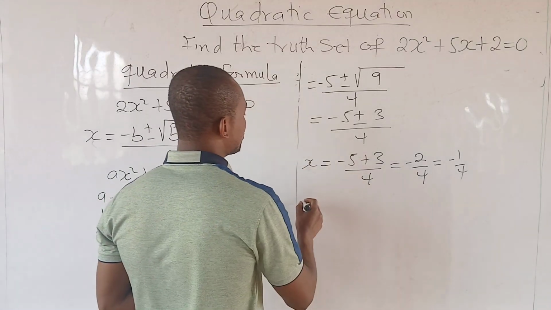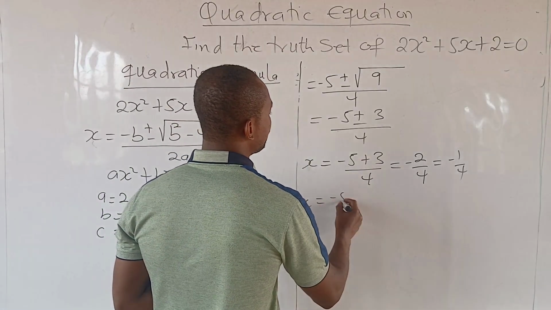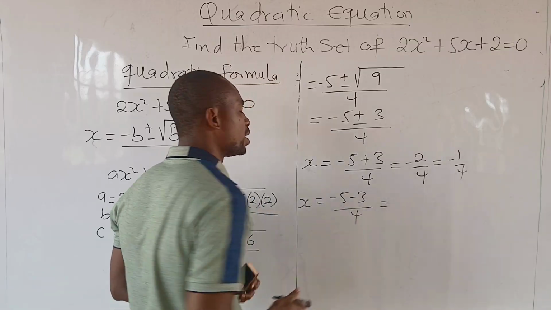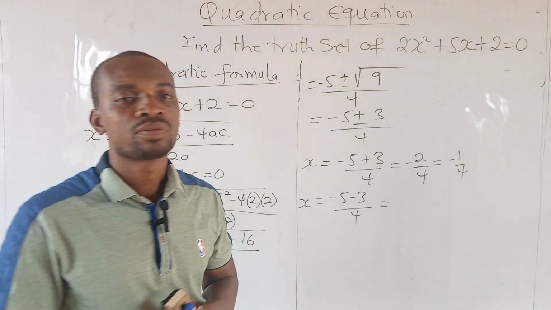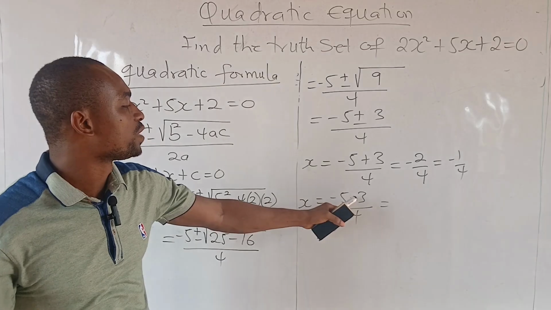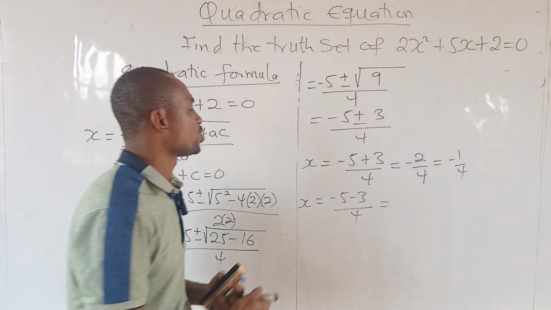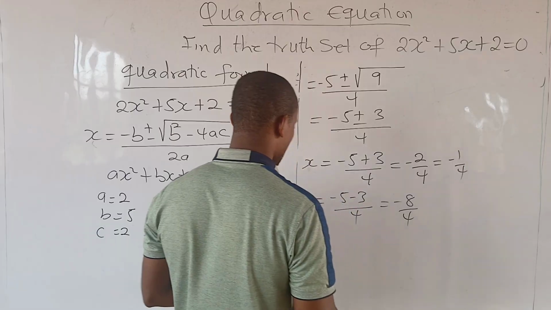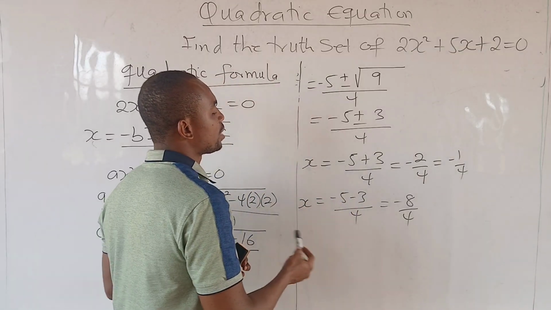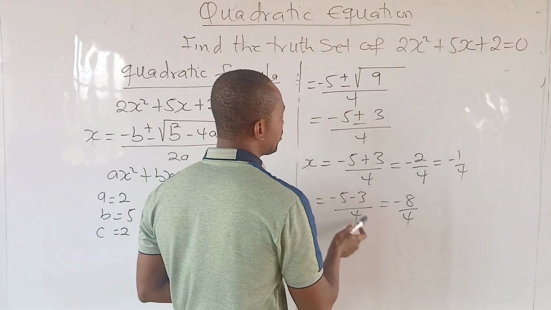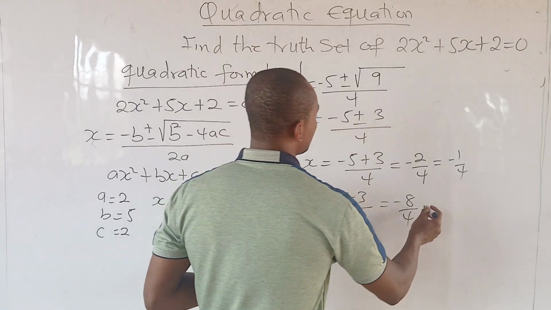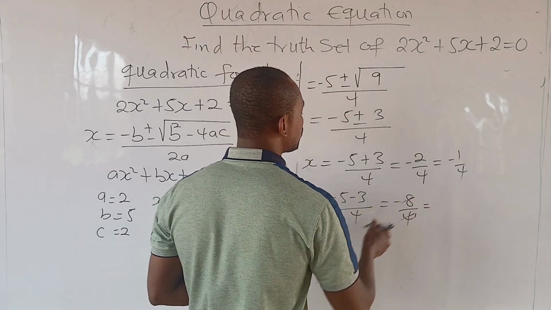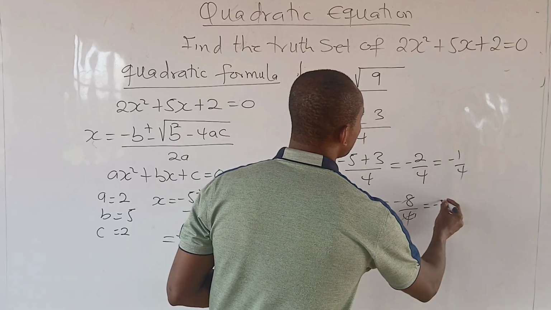Then you take x, negative 5 minus 3 on 4. When you solve this, you are going to get negative 8 on 4. That is negative 5 minus 3 gives us negative 8. So the final answer, 4 goes into negative 8 gives us negative 2.